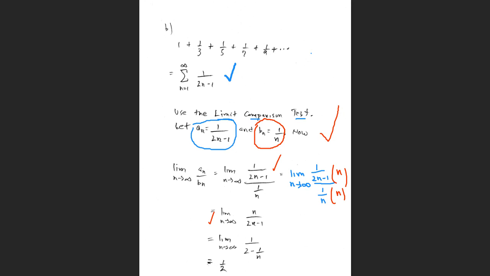But that's an indeterminate form. So I could use L'Hopital on it, but I'm going to just choose to multiply numerator and denominator by 1 over n. And of course I distribute the 1 over n on the bottom to the two terms.